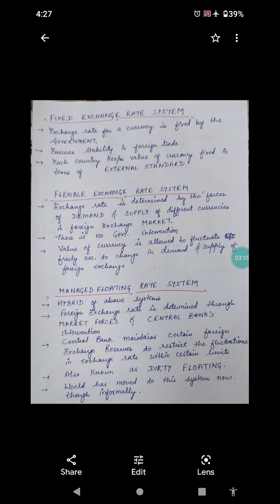To achieve stability, the government undertakes to buy foreign currency when the exchange rate becomes weaker, and it sells foreign currency when the exchange rate gets stronger. So we have to maintain a certain fixed value of a currency, that is an external standard. This external standard can be gold, silver, or some internationally agreed unit of account.